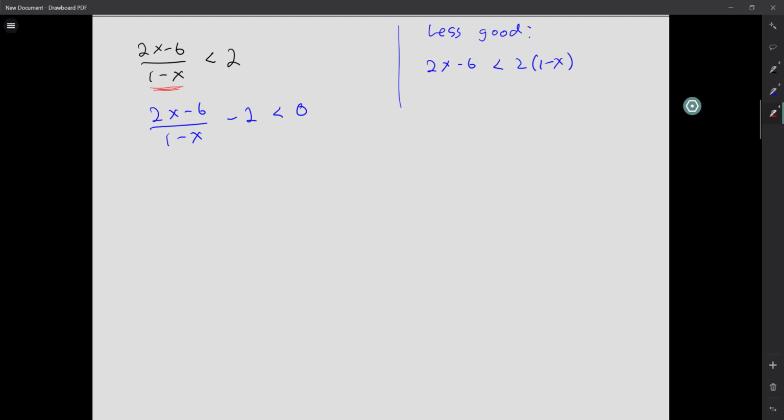So let's make a note here. This loses the vertical asymptote from 1 minus x. So it still looks like it's a factor up here, but it won't necessarily become a factor of the polynomial, and so I would have literally lost information about my original problem.